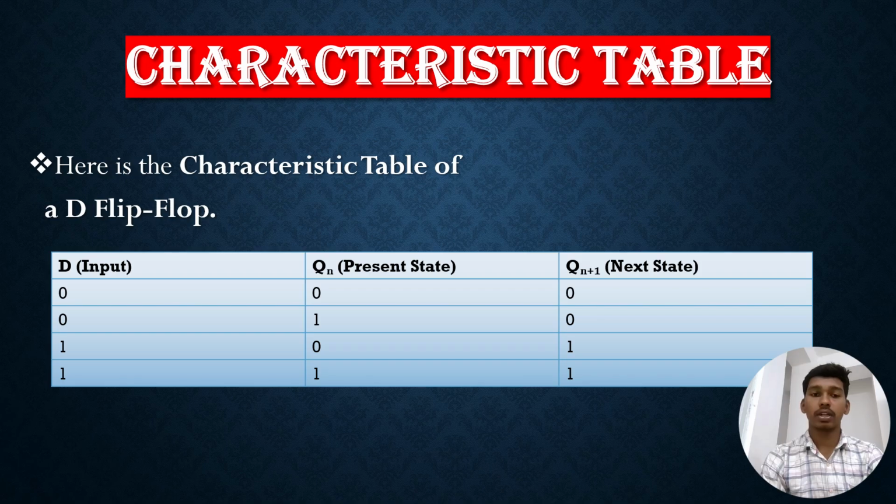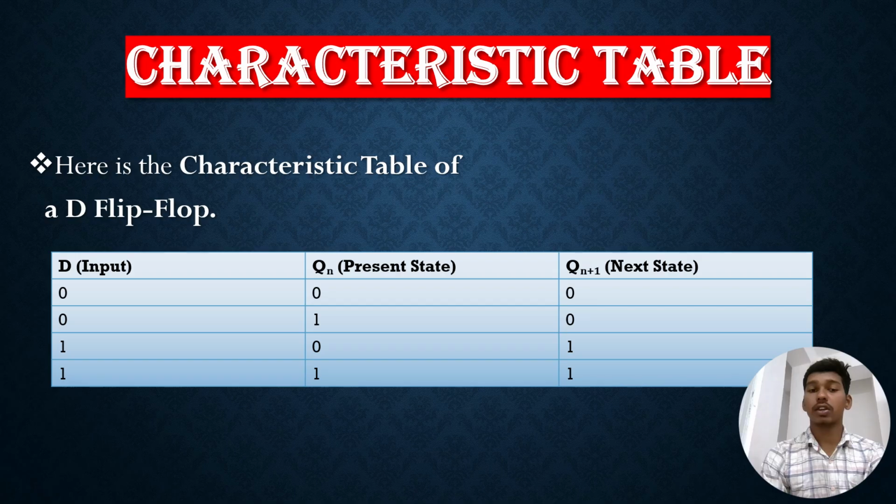Here is the characteristic table of the D flip flop. The D flip flop has only one input, so it can be 0 or 1. There are only two possibilities for the input of the D flip flop.